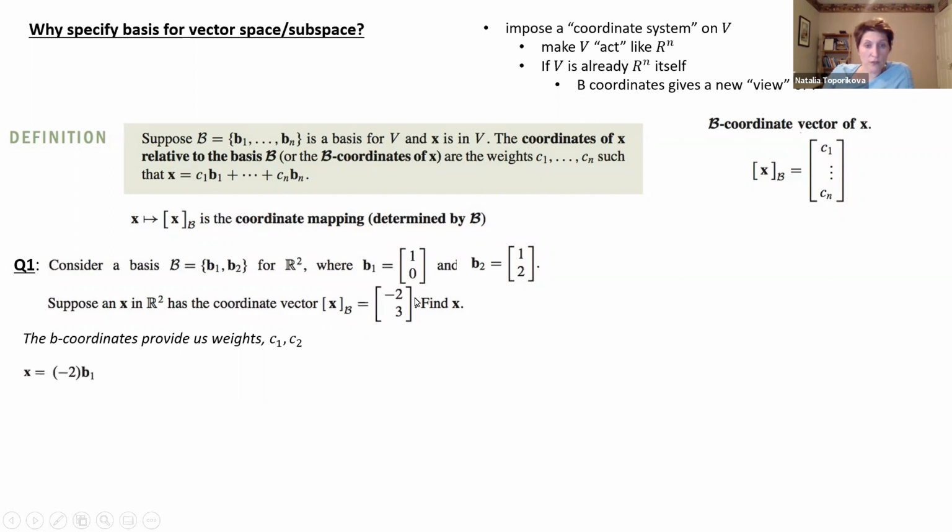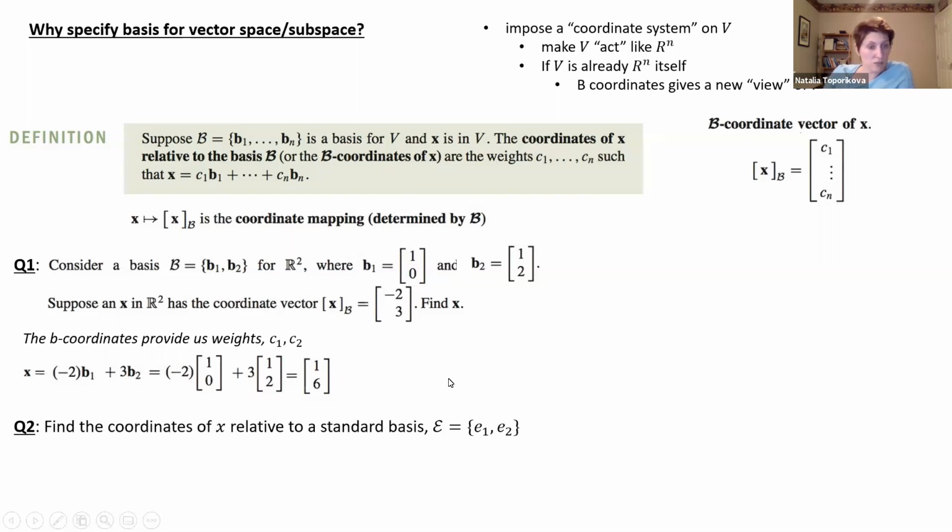So we can write it down explicitly. Our first weight -2 times vector B1 plus our second weight 3 times vector B2. And we write out explicitly our vectors B1 and B2. And we can just add our two vectors, which gives us the vector x equal to (1, 6) in our normal standard R2 coordinate system.